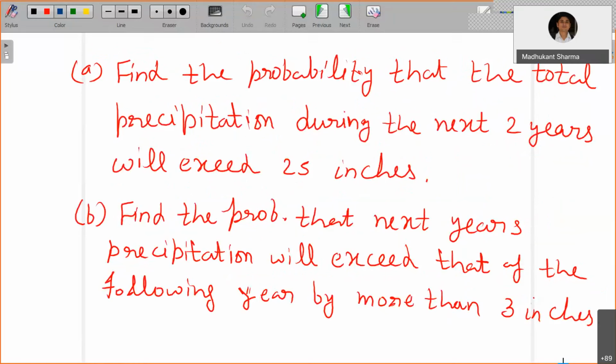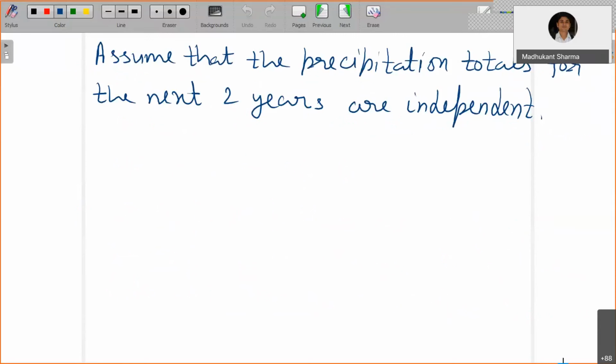What we are interested in for the first part is the probability of, if you denote x1 as the precipitation for the first year and x2 as the precipitation total for the second year, then x1 plus x2. So let me write down what I have said just now.